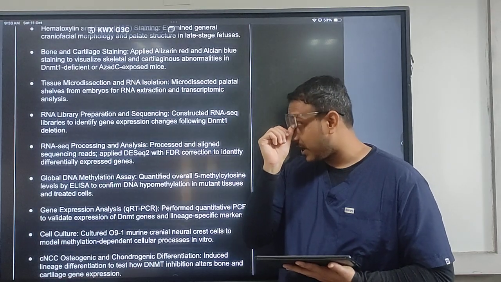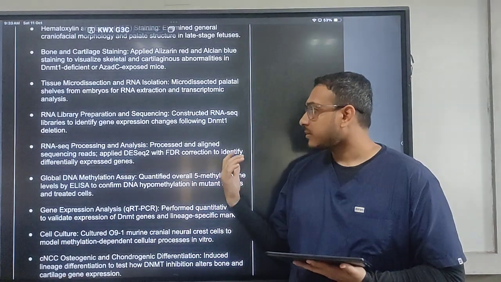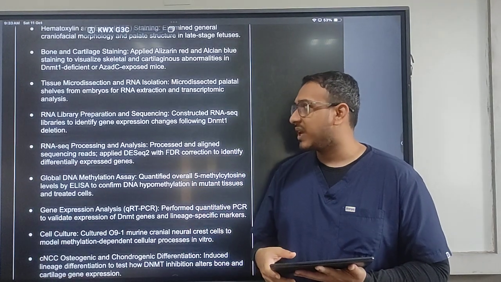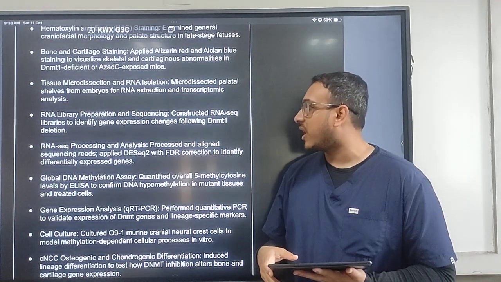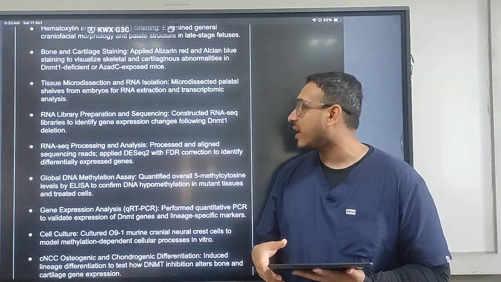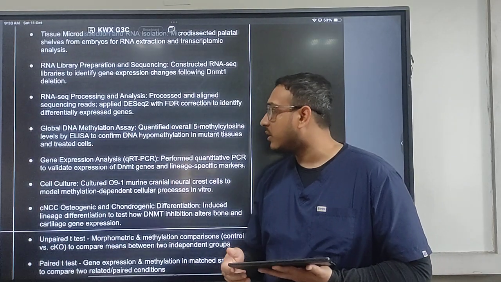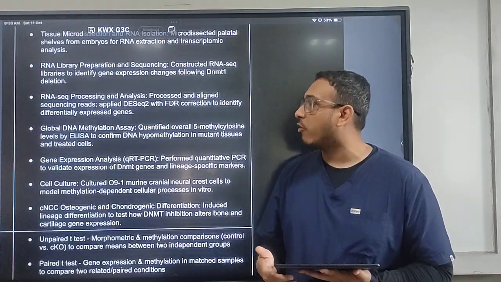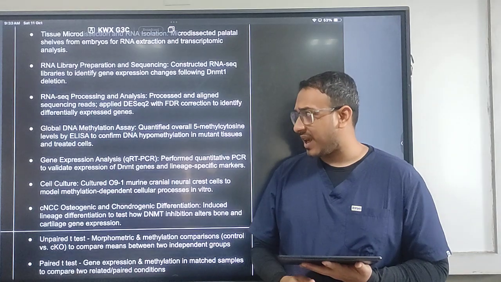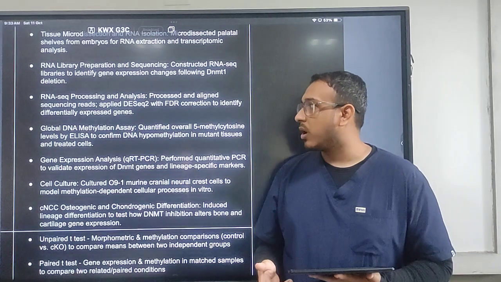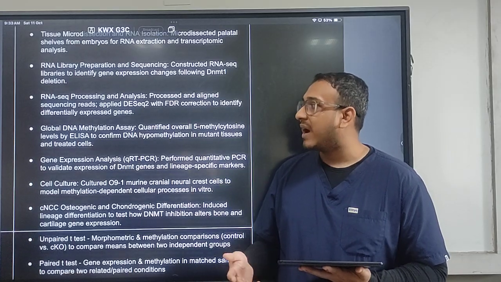The RNAs they processed and aligned the sequence reads, applied DESeq2 and FDR corrections to identify differentially expressed genes. After which they quantified overall 5-methylcytosine levels by ELISA to confirm DNA hypomethylation in mutant tissues and treated cells.